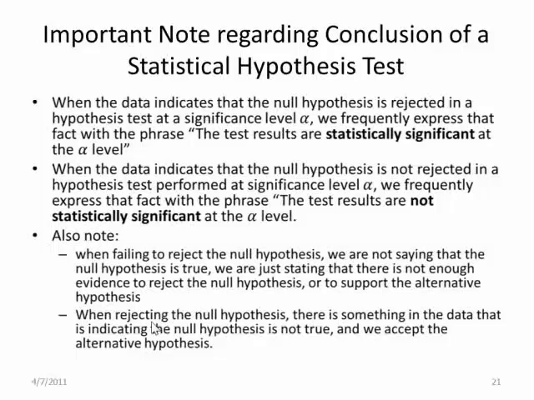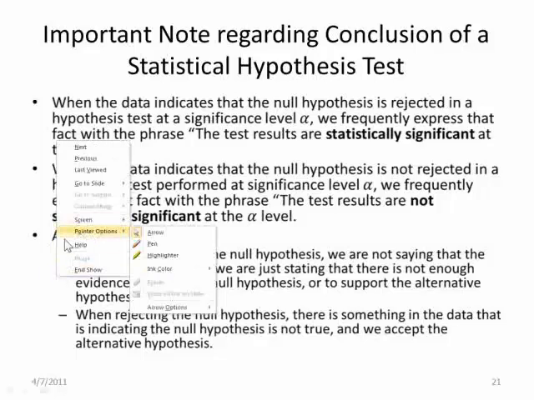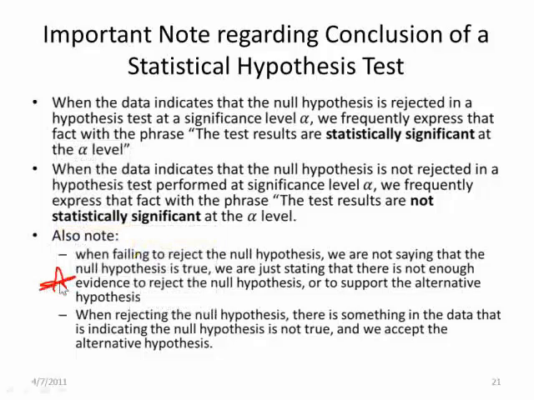But note that when you fail to reject the null hypothesis, and this is something that I really want you to pay attention to, number one, we are not saying that the null hypothesis is true. Let me repeat that.